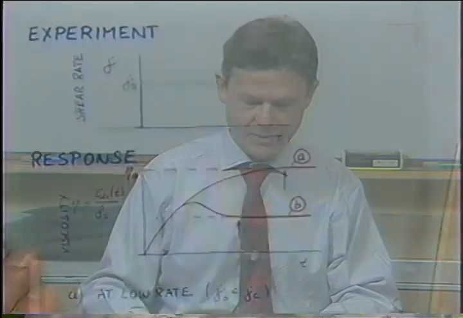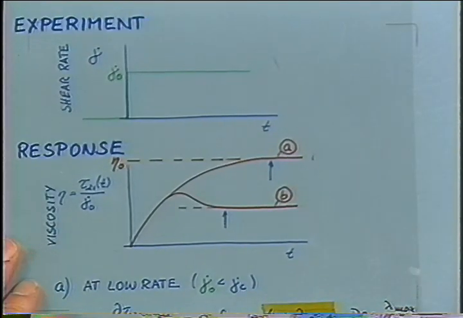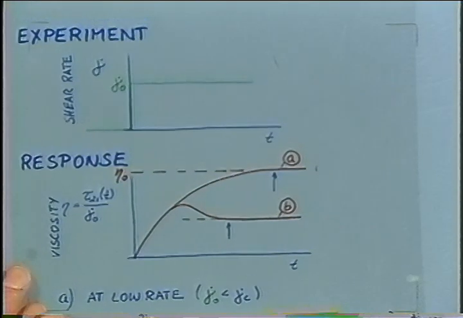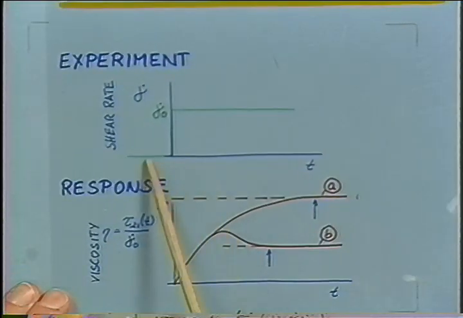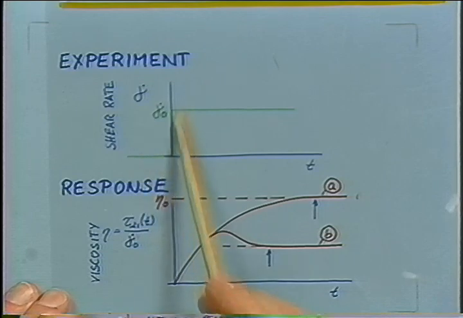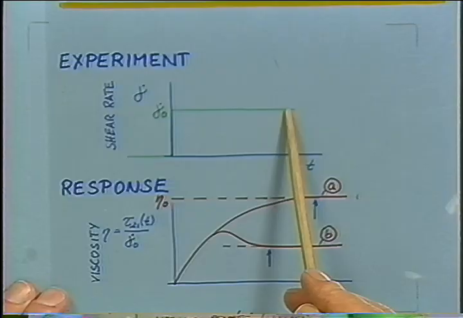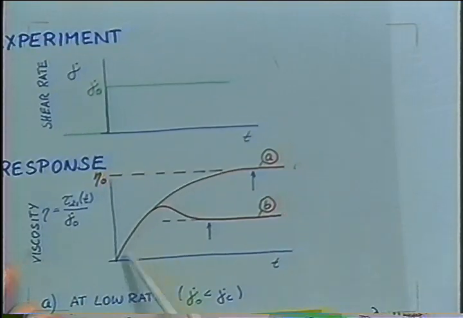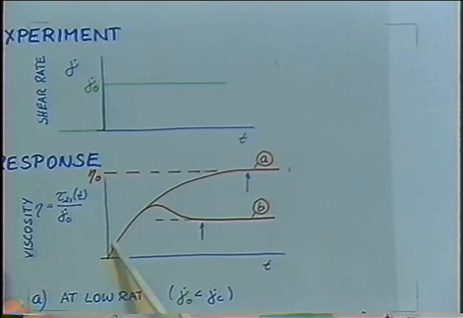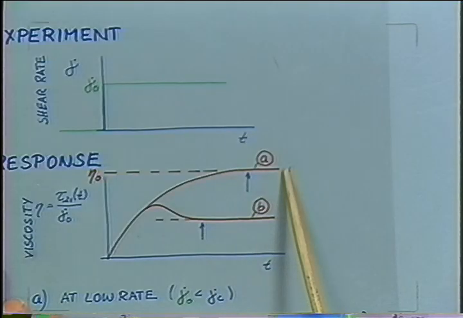Now, the result of the startup experiment is a function of the rate at which we do that. Typically, when we prescribe a shear rate going from 0 to a finite value and staying constant for our steady shear experiment, then the stress response at low rate would be a gradual growth of the stress.